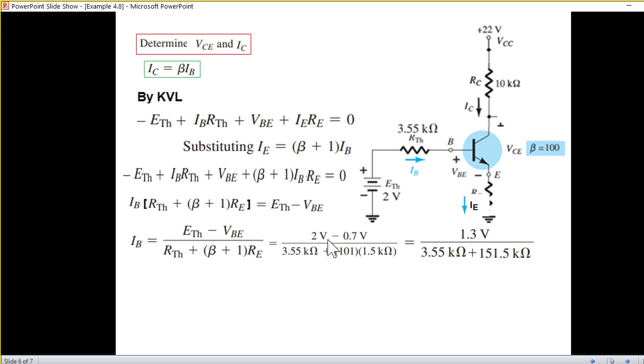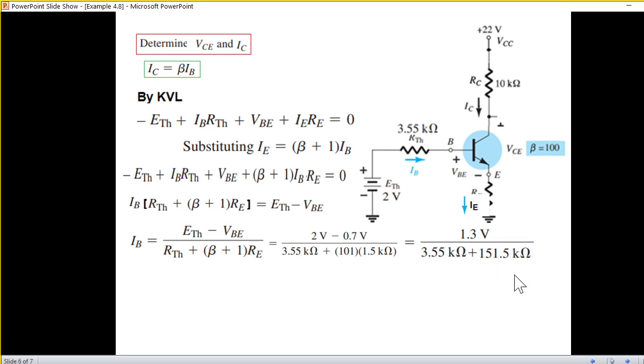So V Thevenin is 2 volt. VBE, we know for the transistor, is 0.7 volt. And then the resistances: beta plus 1 will be 100 plus 1, because beta is 100, so it will be 101. RE is 1.5 kilo, not visible here, but it is 1.5 kilo.